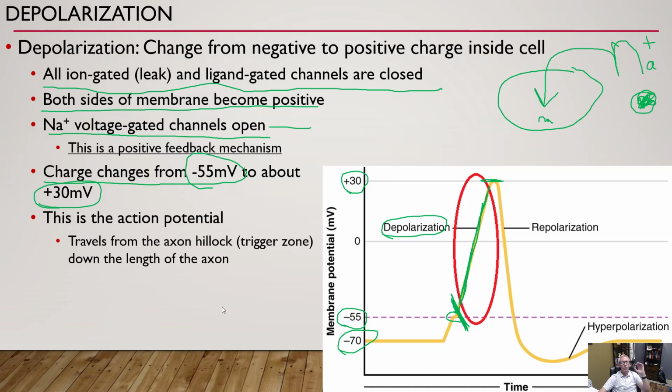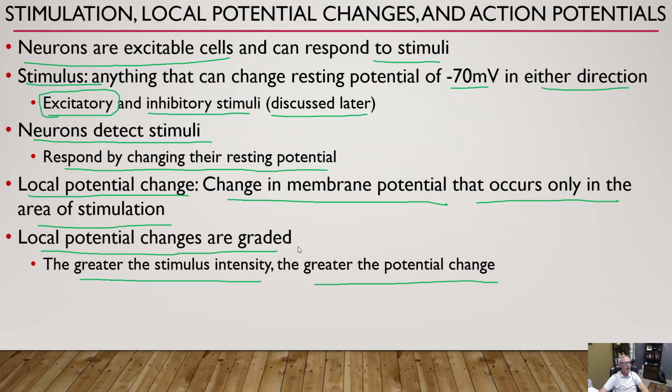Now, once we've reached that magic number of negative 55, we will generate an action potential. That action potential starts in that axon hillock. And that action potential will travel down the length of the axon. There's no stopping it.